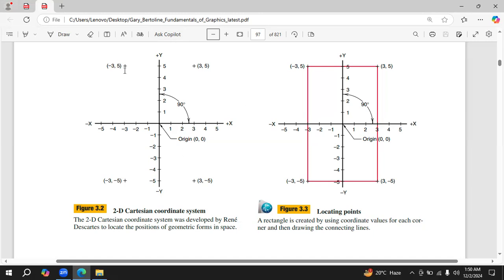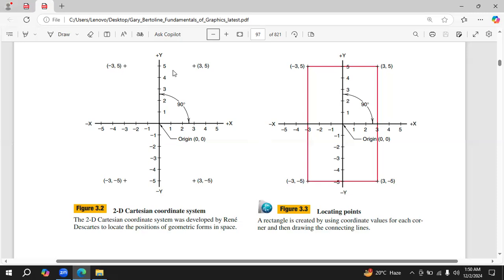And when you are talking about 2D construction, it means you are working on a single plane, like a slice of paper. So a plane is developed with the help of two axes.